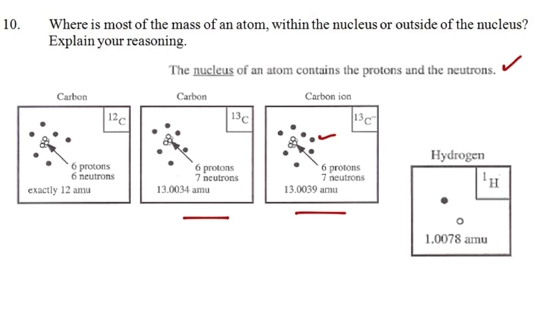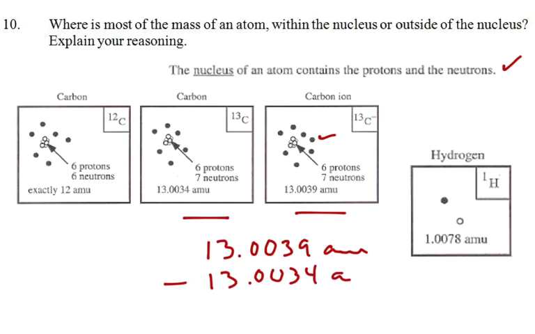So if we subtract their masses, 13.0039 AMUs minus 13.0034 AMUs, then we can see that the mass of an electron must be about 0.0005 AMUs.